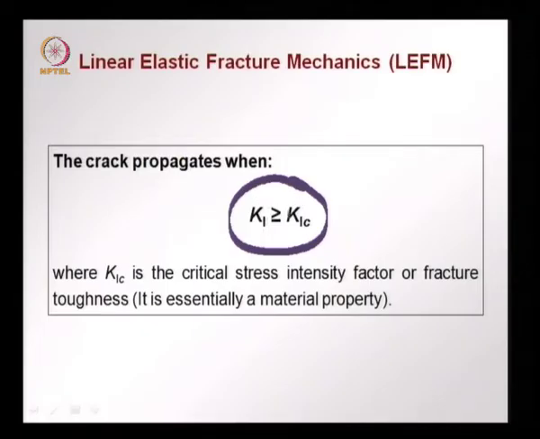K1C is a material property, called the critical stress intensity factor or fracture toughness. So, on the right side you have a material property, and on the left you have a parameter which depends on the load that you apply, the type of structure, and the defect that it has. When K1 increases and reaches a value of K1C or surpasses it, the crack starts propagating. So, this is the failure criterion according to linear elastic fracture mechanics.